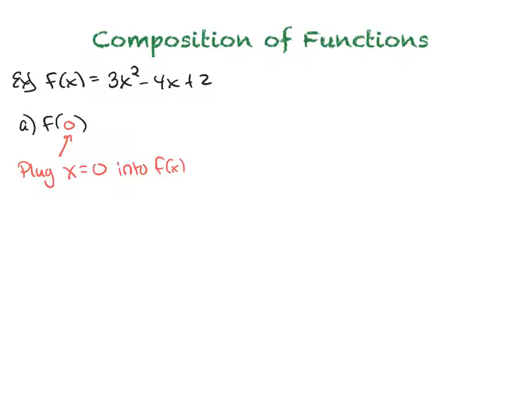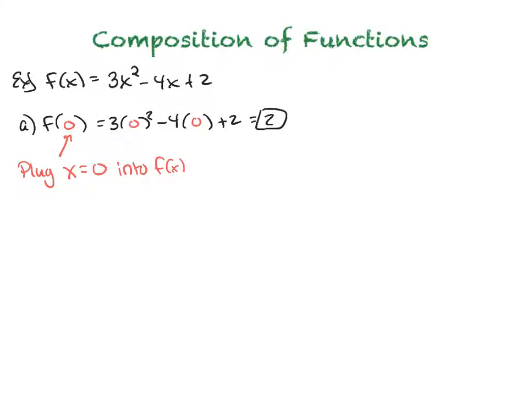So whatever is in the parentheses is what we're going to replace the x's with in our f of x. So this would look like, let's see, everywhere we have an x, I'm going to replace it with some parentheses, and then into those parentheses goes 0. So 3 times 0 squared minus 4 times 0 plus 2, and then when we simplify that, we get 2.